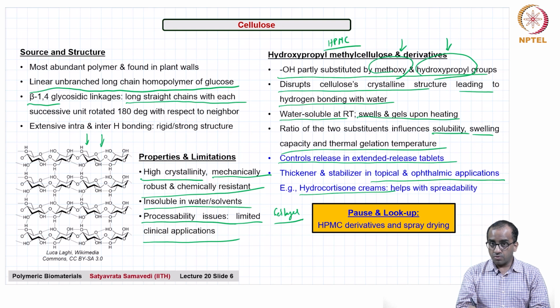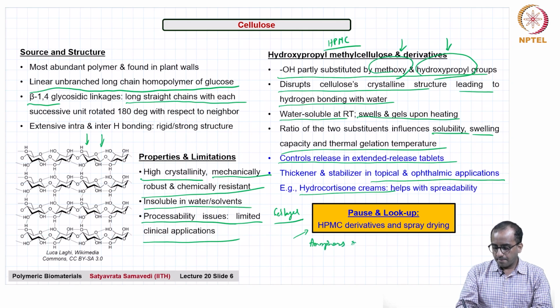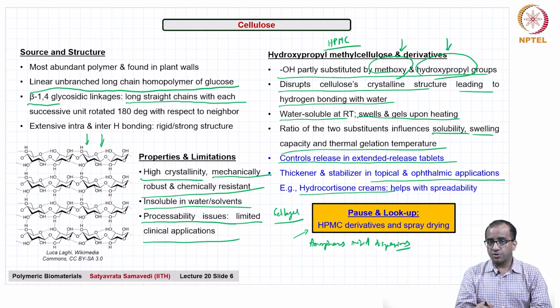Now, what I would recommend is HPMC and in fact its derivatives more than HPMC itself are very popularly used in pharmaceutical applications to prepare what are called amorphous solid dispersions, and that is because HPMC can gel, it can be made water soluble, and it is highly processable, none of which was possible with cellulose.